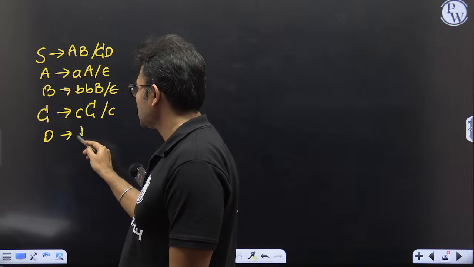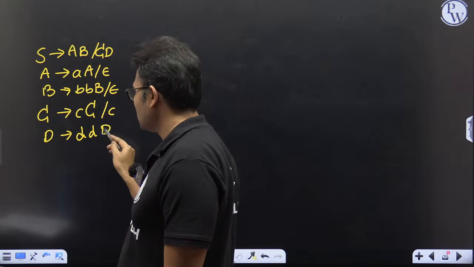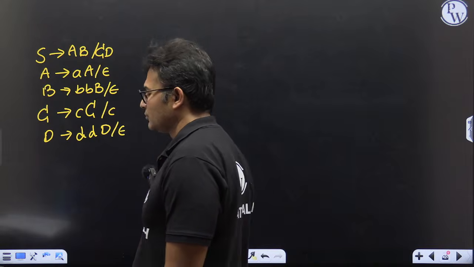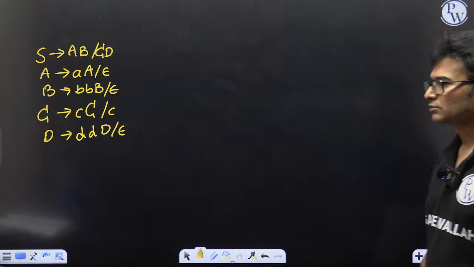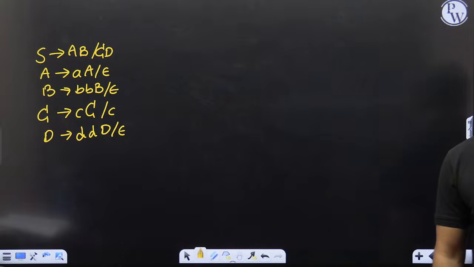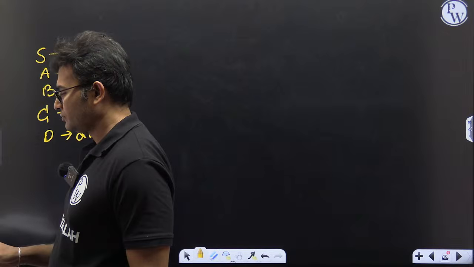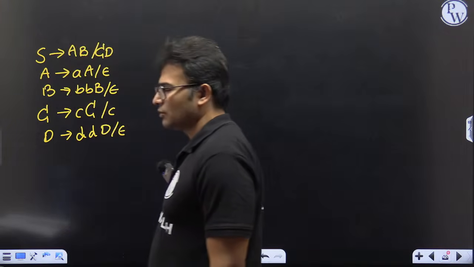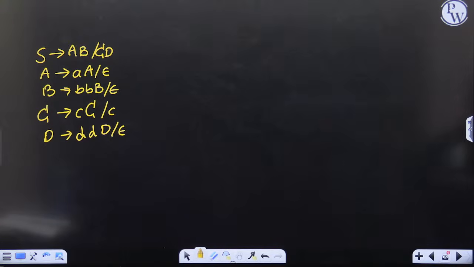Capital D derives DD, DDD or epsilon. Tell me whether this grammar is ambiguous. Try this.